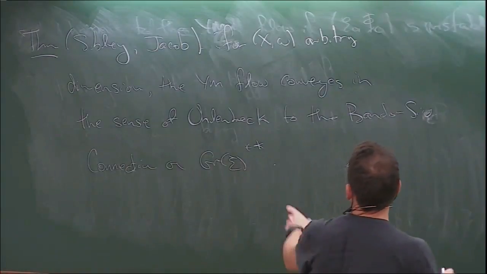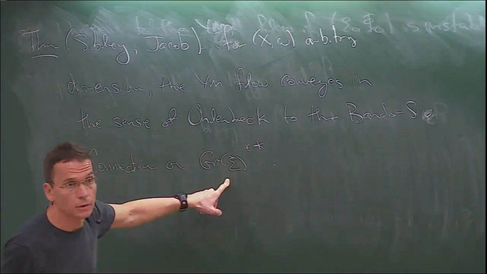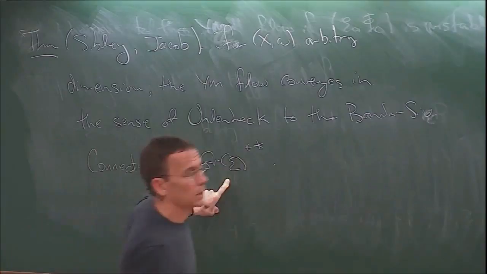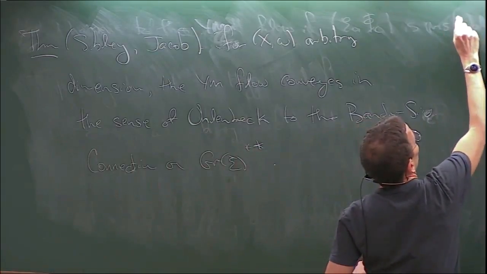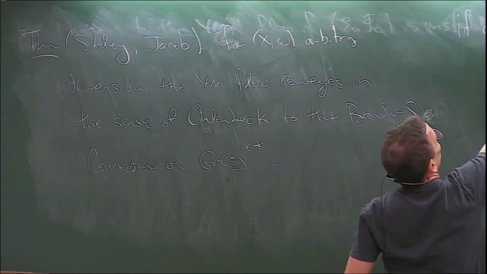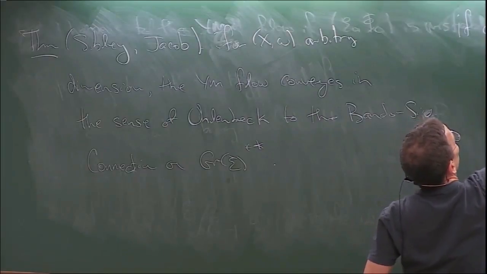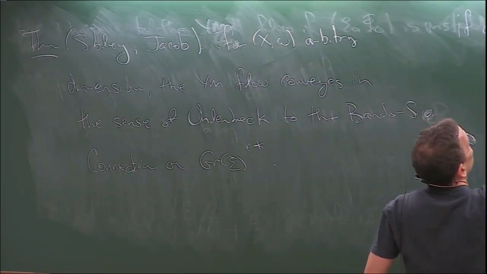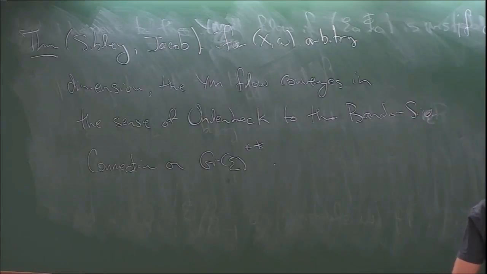In higher dimensions, the problem now is that this is not even locally free. If the dimension of X is bigger than 3, then E double dual might not be locally free.